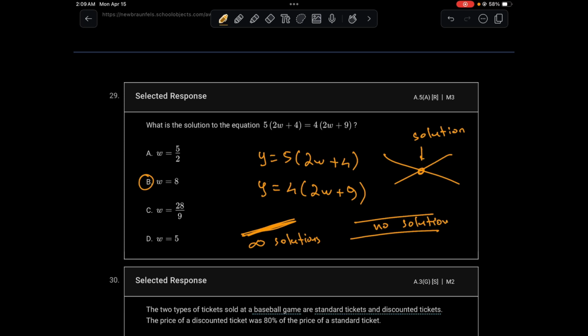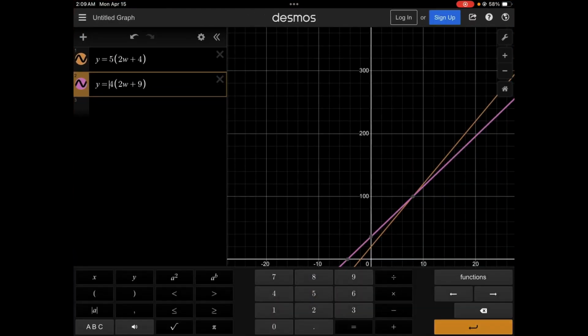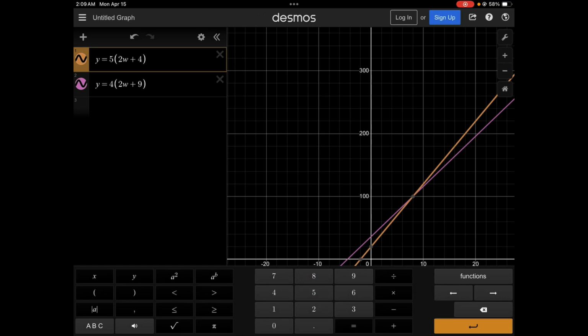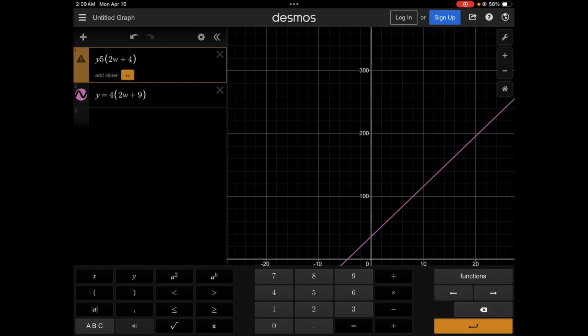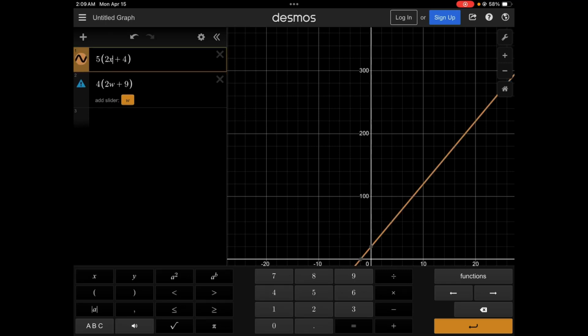Now I'm going to show you something before we end. Sometimes I've seen people don't put the y there, and if you don't put the y, it can actually not graph it. You would have to change the w to x, and then it can graph it.